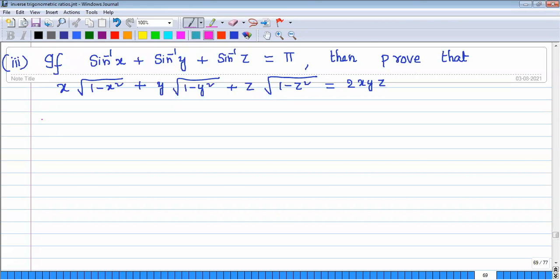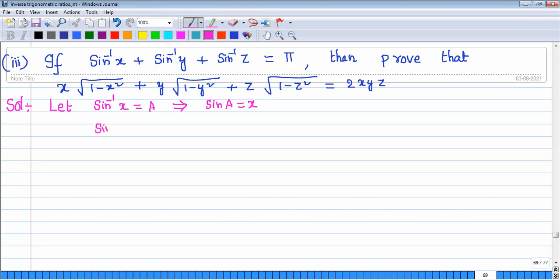Okay, let us proceed. Let us implement our strategy. Let us say sin inverse x equals A, that implies sin A is equal to x.